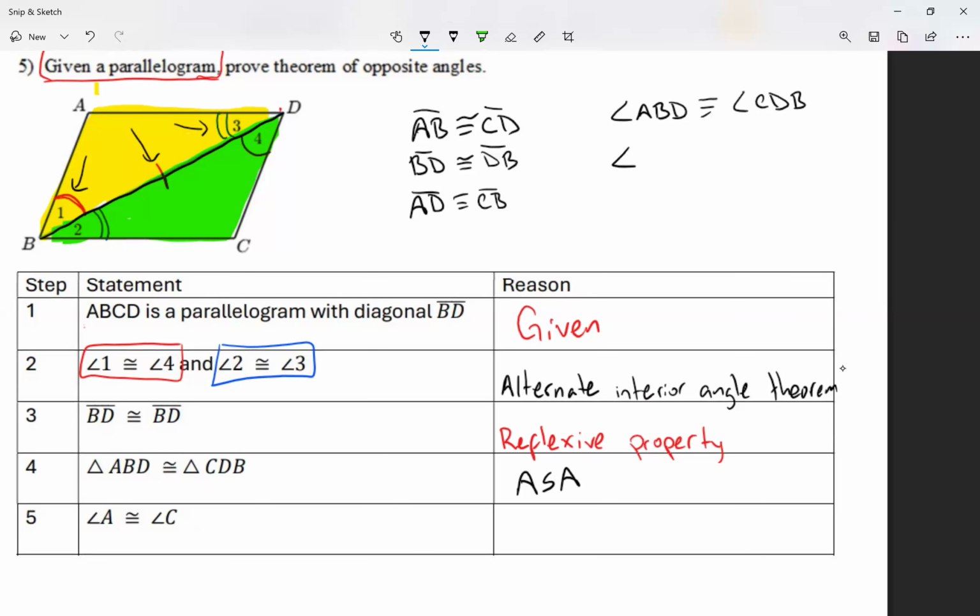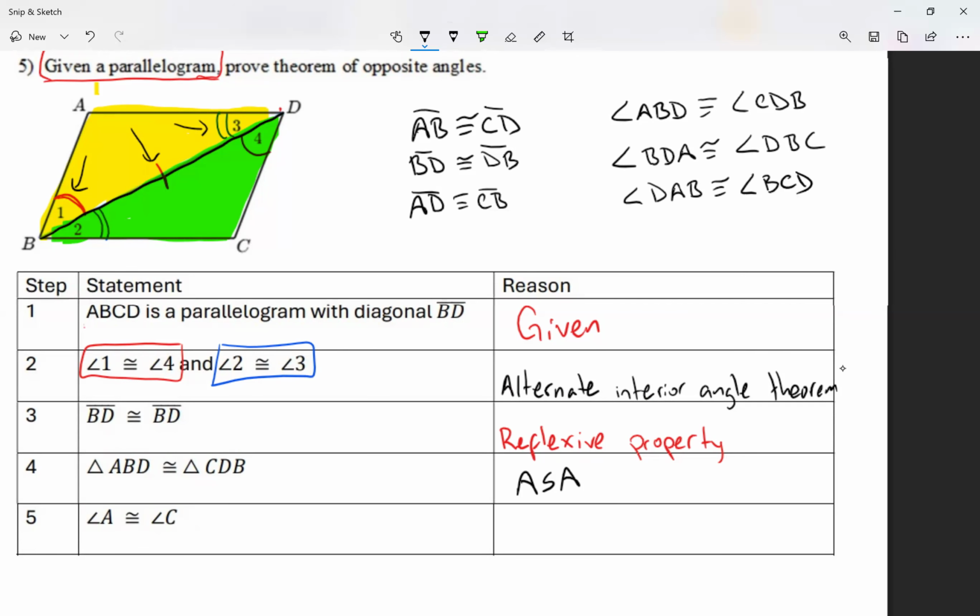And you're also going to accept that the angle BDA is equal to the angle DBC. And lastly, the angle DAB is congruent to angle BCD.